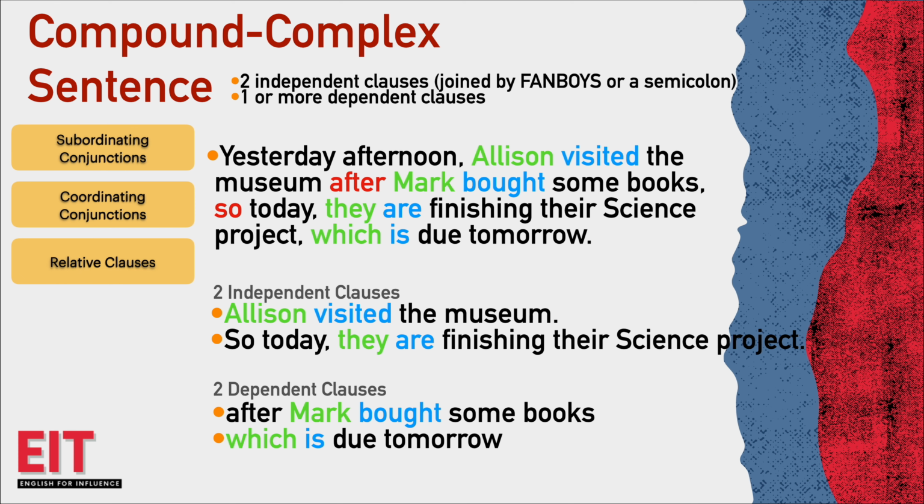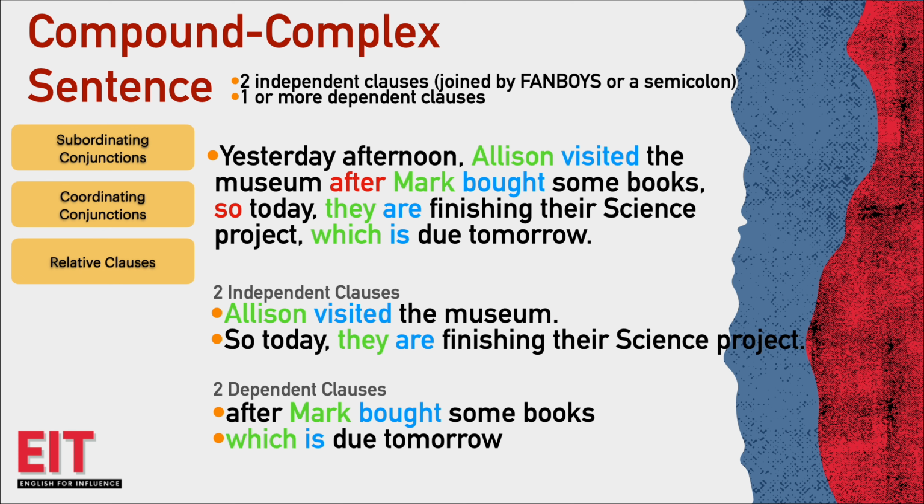When you become better in writing sentences, then you can expand your sentences by adding more independent clauses. So that's one reason. Another reason is you don't want to make your sentences too long.